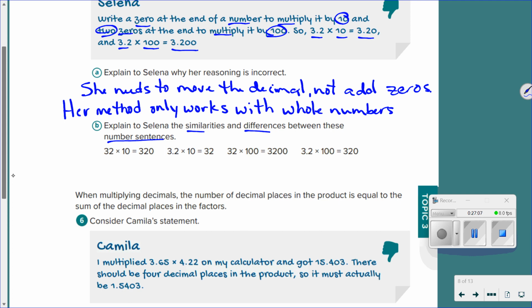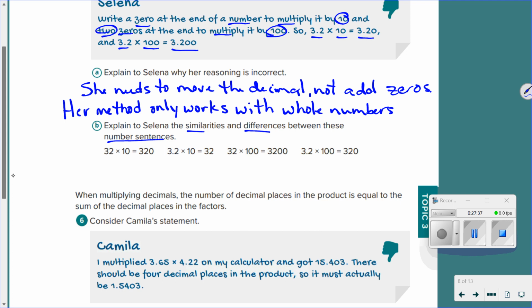That every time the decimal moves. So is that a similarity or a difference?